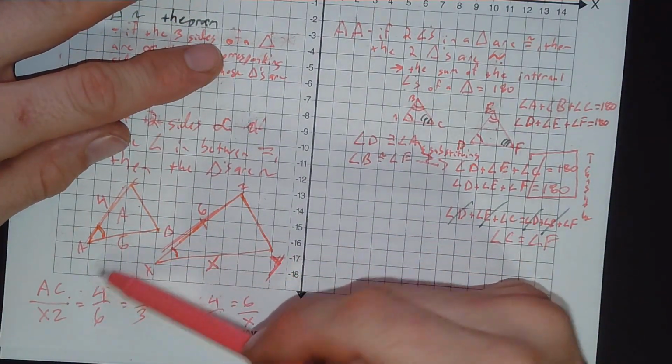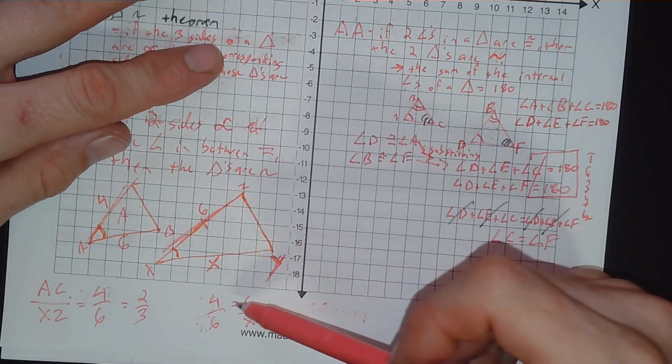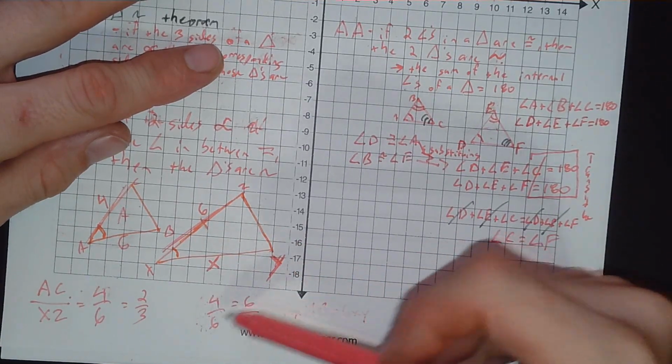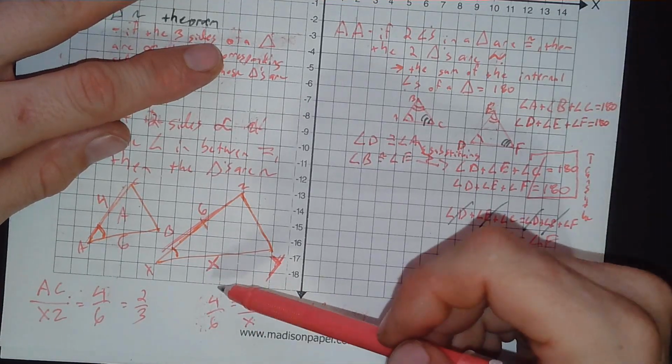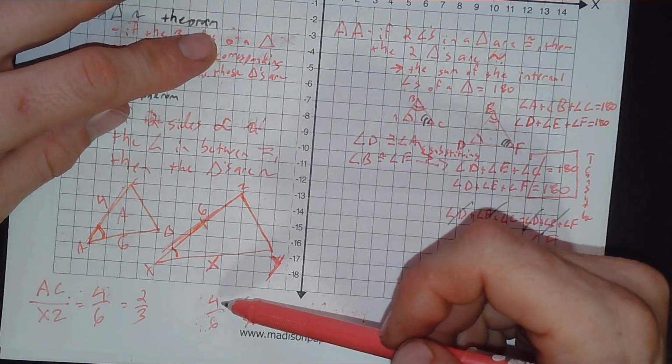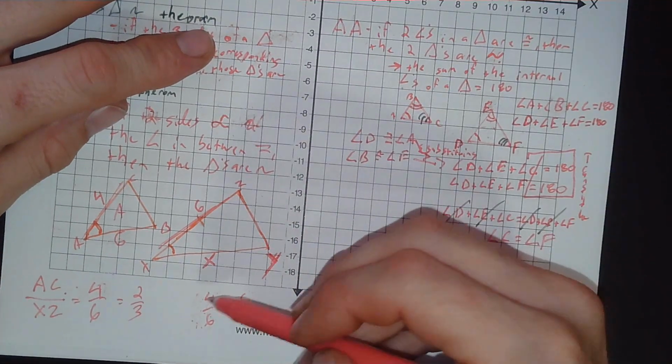Our small triangle was AB, that's on the top. Small triangle over big triangle, that's the ratio we set up. That's so cool, right?